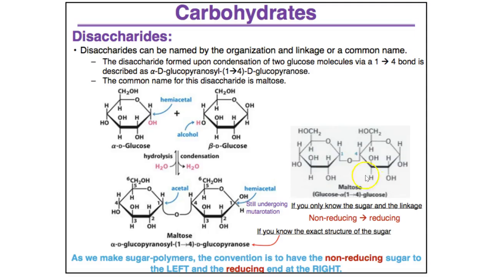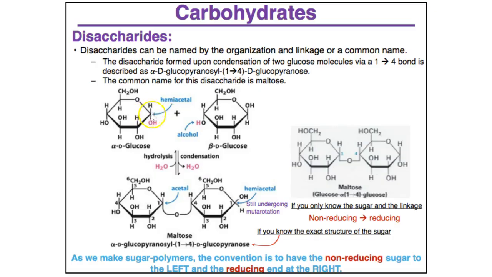As far as binding monosaccharides together, when you just have two monosaccharides bonded, it is called a disaccharide. Once again, the anomeric carbon opens up and forms an aldehyde.